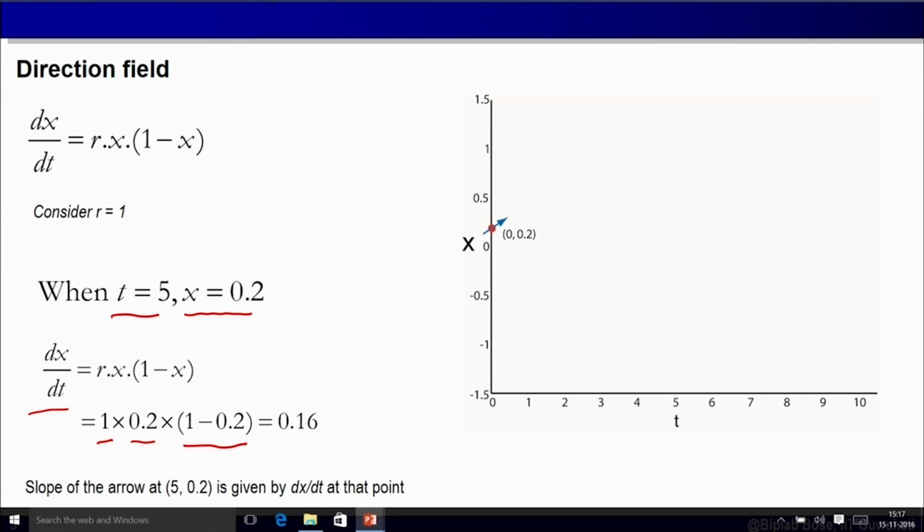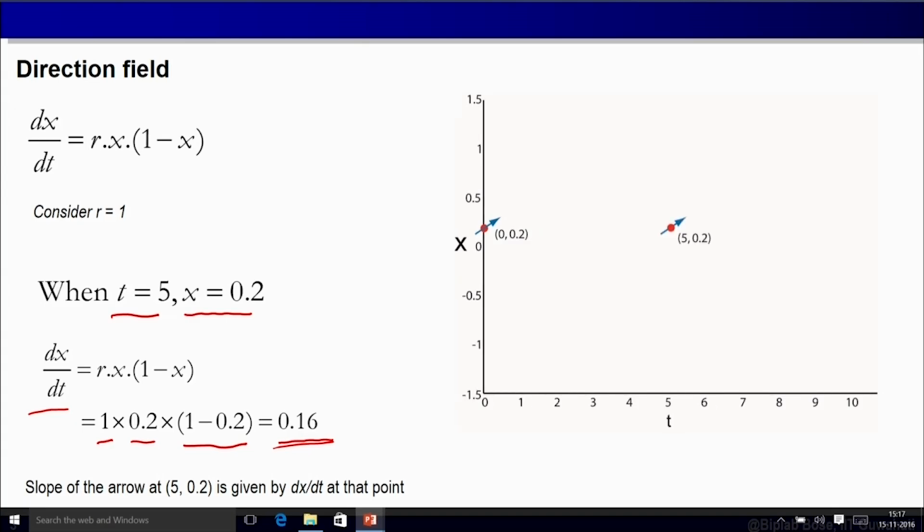So obviously I get the same value, dx dt equal to 0.16. Let us put that point in this space and put an arrow having a slope 0.16. So that's what I have done here. You have a point where time is 5, x is 0.2, and there I have drawn an arrow having slope 0.16, that is equivalent to almost 9 degrees.